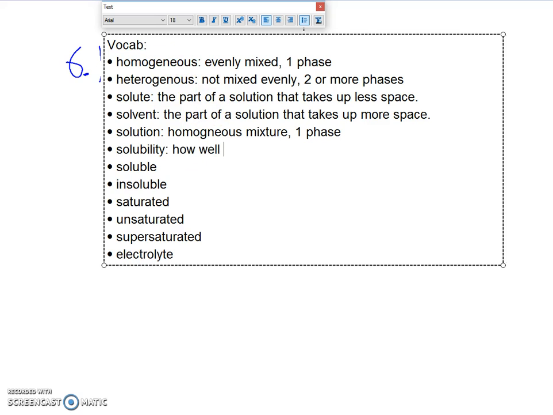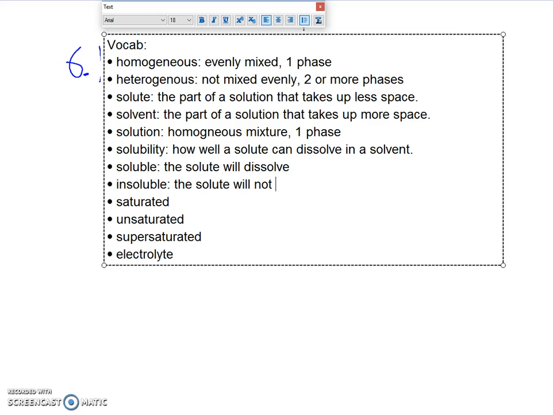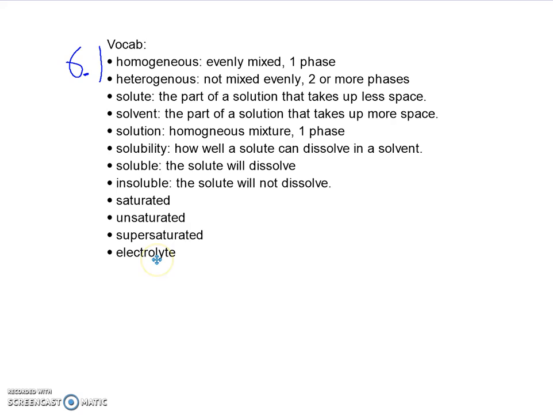Solubility is how well a solute can dissolve in a solvent. And then soluble and insoluble are related. Soluble means the solute will dissolve. Insoluble means the solute will not dissolve. Solute, solvent, solution, all of that is on page 6.3.